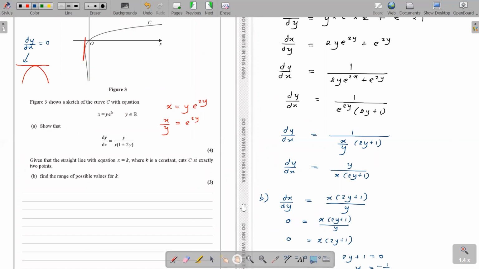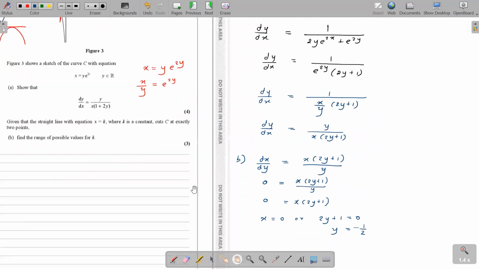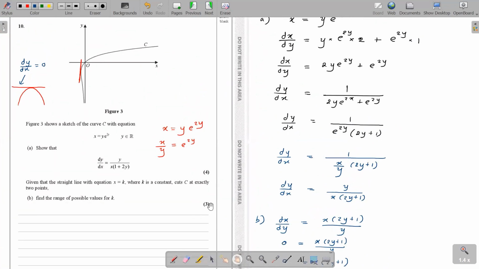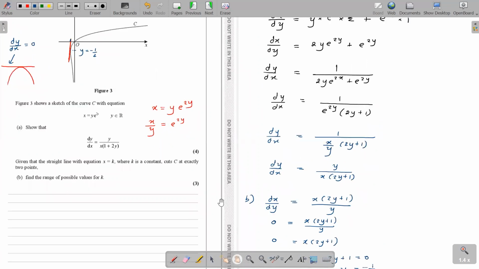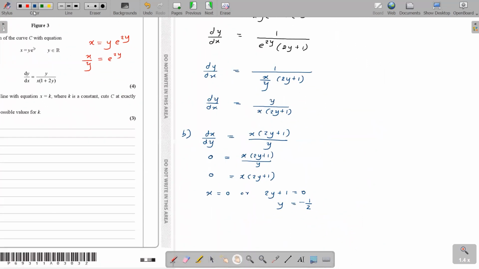But another thing is I need the range of x values, right? Now I got the y value here. At this point, I know the y value is minus half, but I don't need the y, I need the x value here. Are you with me? So what we need to do is replace our y value minus half into this equation and calculate the x value. X equals, what do we get here?